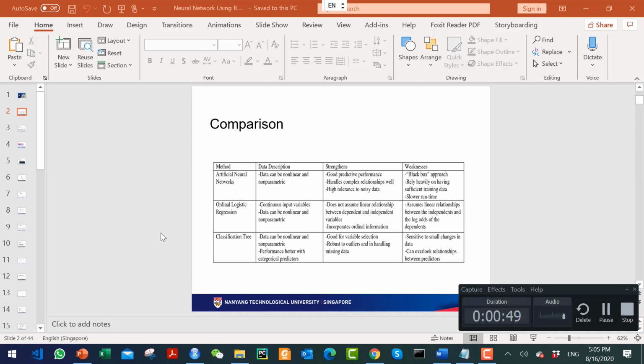And of course, we have learned logistic regression and decision tree. Logistic regression is quite good when there's a linear relationship, between the two classes, where there's a clear line.